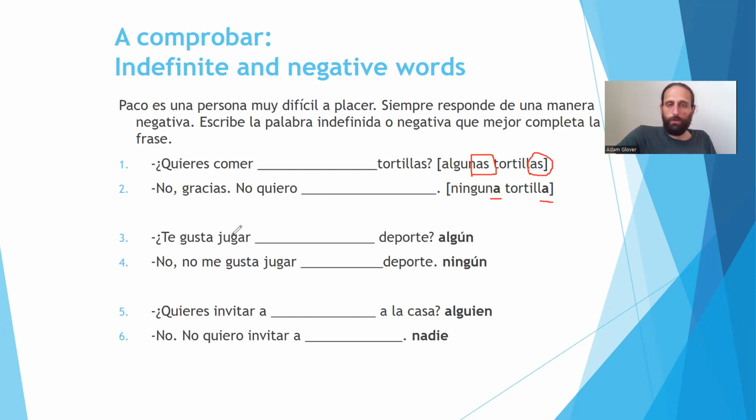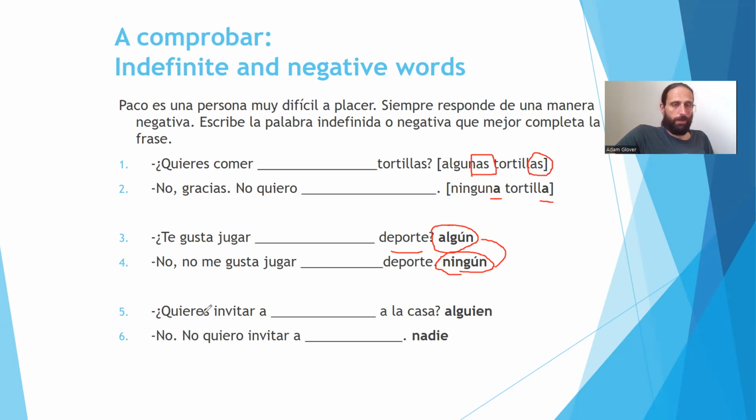Number three, ¿te gusta jugar some sports? Some sport? Do you like to play some sport? Deporte, masculine, singular. So algún deporte. And the answer, no, no me gusta jugar ningún. So ningún is the opposite of algún. These are opposites. And because deporte is singular and masculine, ningún deporte.